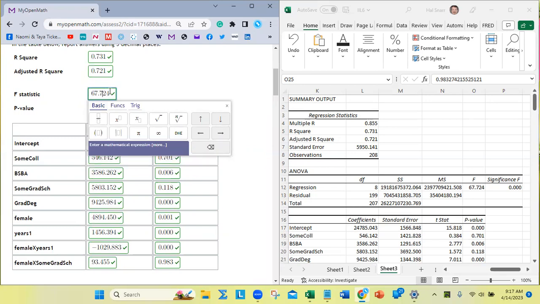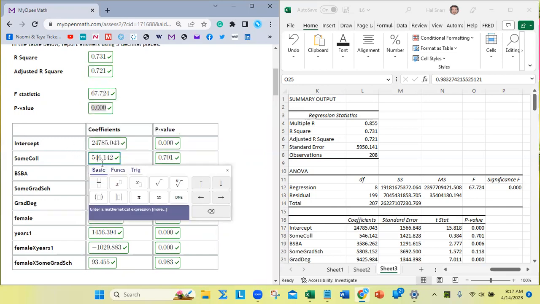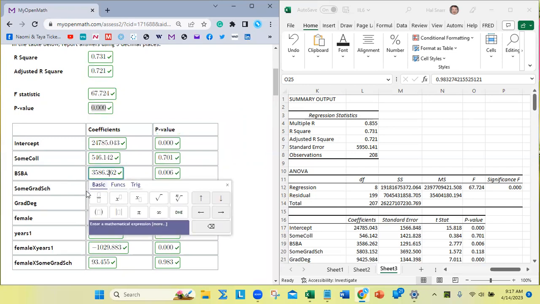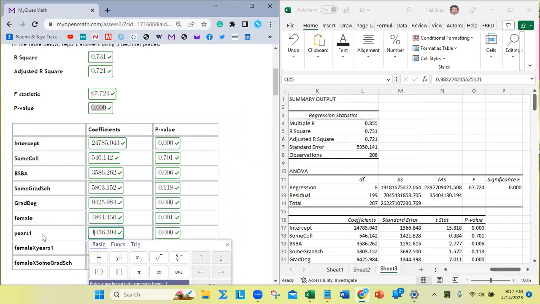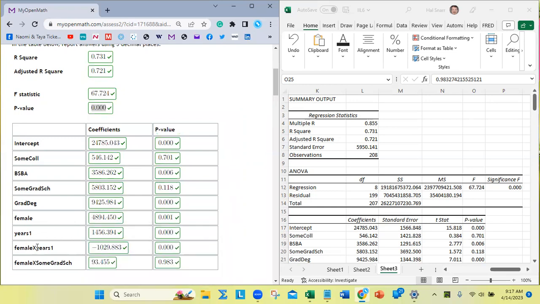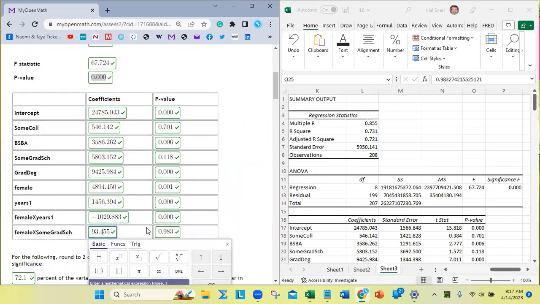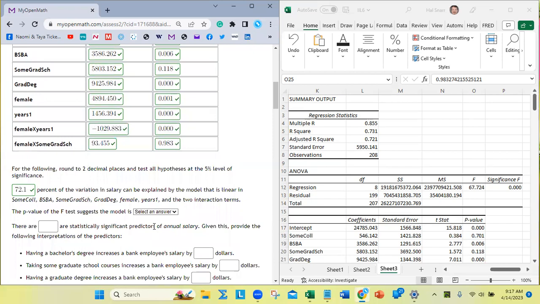And what that implies is that collectively, all these coefficients, their differences from 0 are highly significant, right? So we say the model's significant.